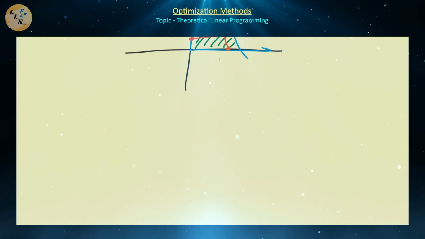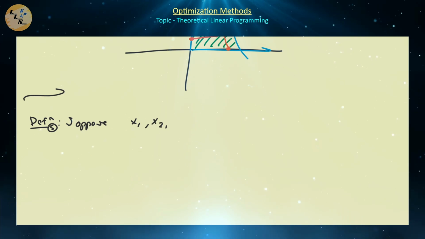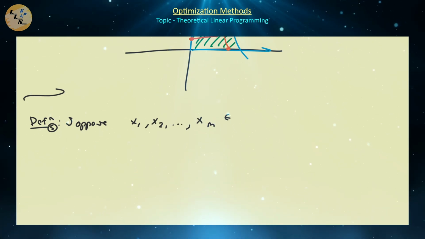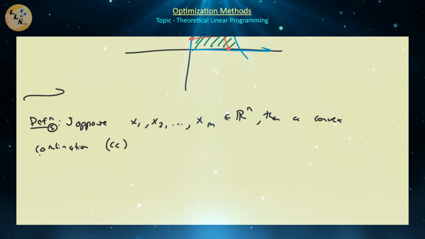Now let's introduce another definition that we're going to need to expand upon these ideas, so definition 5. Suppose that x1, x2, all the way down to xm all belong to Rm. Then a convex combination, some people will just write that as CC.